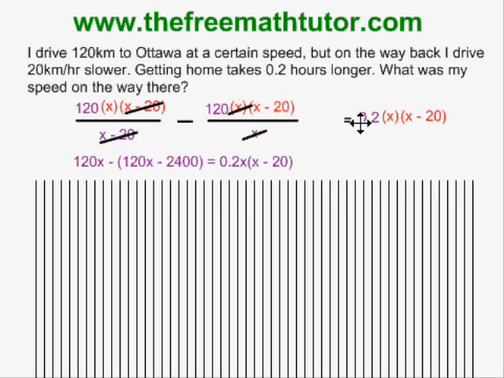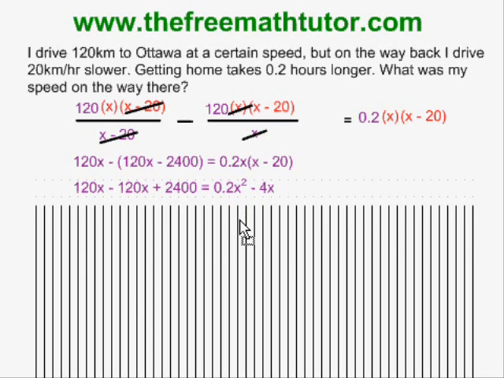The 0.2 is multiplied by both the x and the x minus 20, and I'm going to do this in stages. 0.2 times x, of course, is 0.2x. In my next step, taking away the bracket, I have minus 120x and now plus 2400 on the left side of the equals. And 0.2x times x is 0.2x squared. 0.2x times negative 20 is minus 4x.